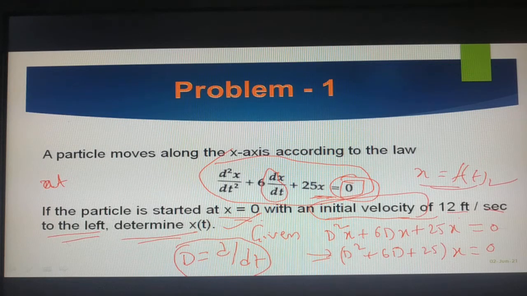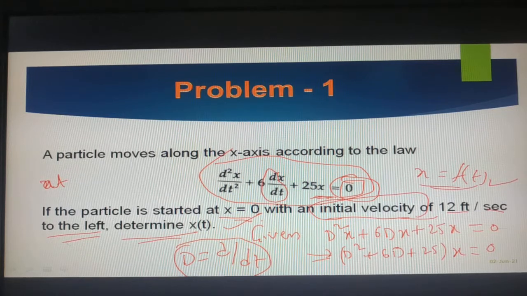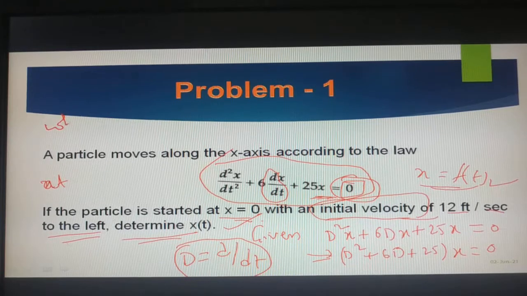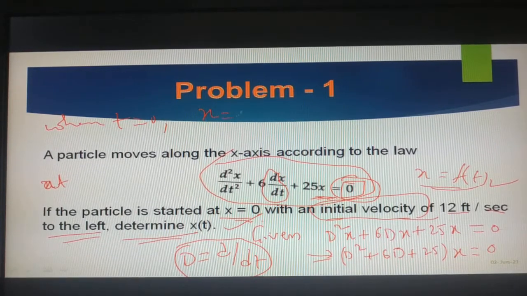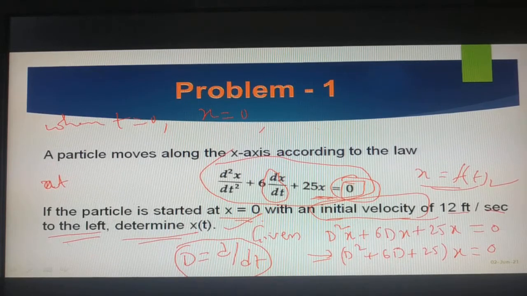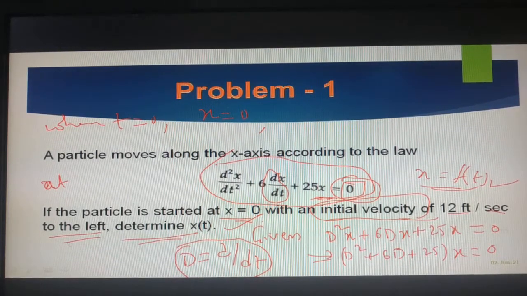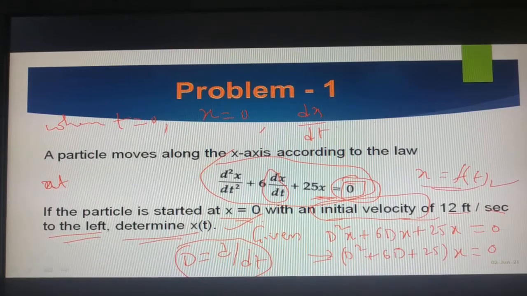So it is very clear what we have to understand here: when time t is equal to 0, they are given initially x is equal to 0, correct? And initially the velocity also, initial velocity dx by dt, that is 12 feet per second.